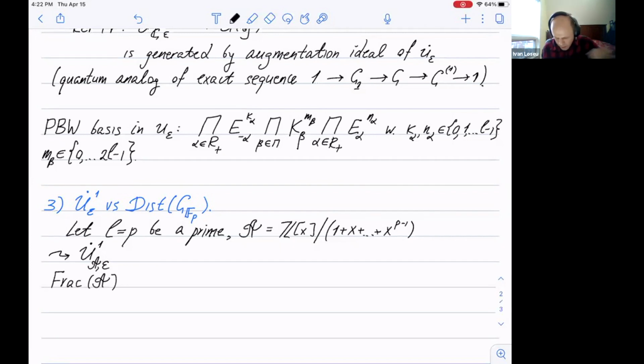Well, I just invert everything, and what I get is Q adjoint epsilon. Okay, that's a characteristic zero field.